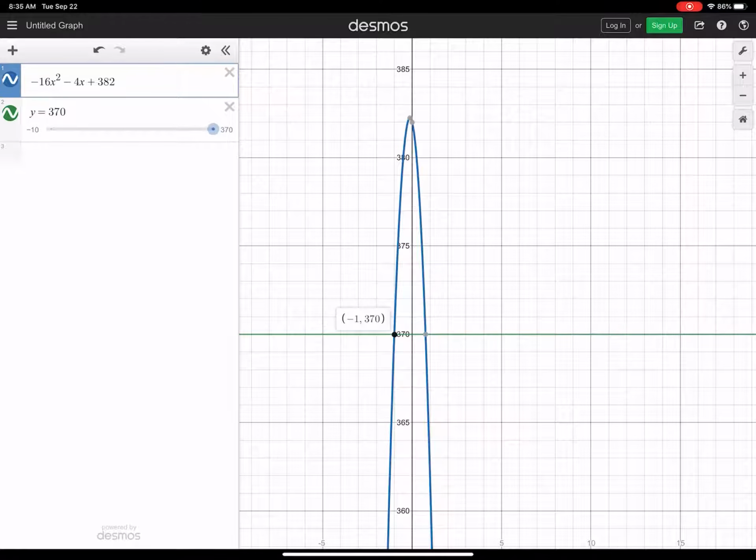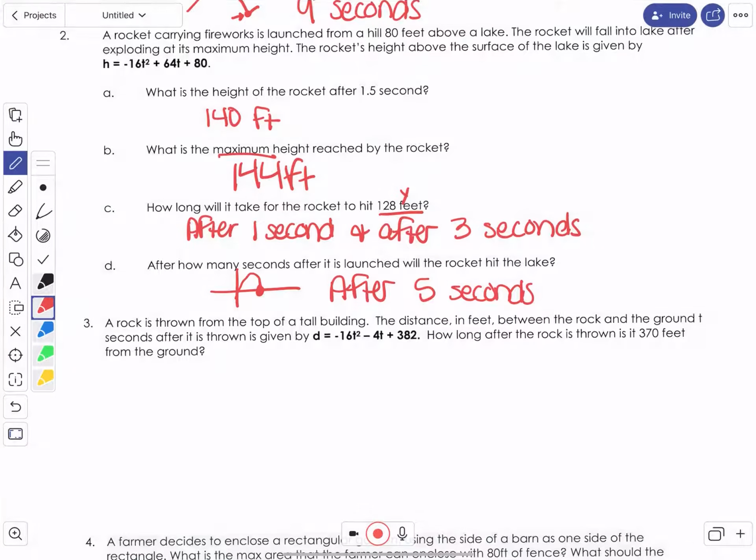That makes no sense after a negative time. Since that doesn't make sense in context of the problem, you obviously want to give me the 0.75 seconds. So after 0.75 seconds.